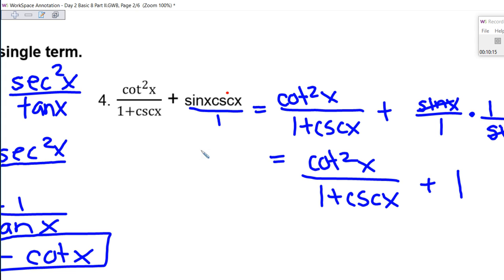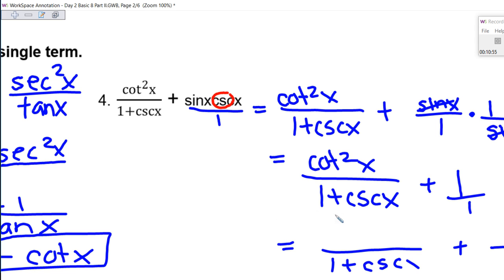Okay, now, in order to add these, I need to have a common denominator. So if I make this 1 over 1, what's the common denominator? Yeah, if I multiply those, I get 1 plus cosecant of x. So the first fraction's good. It already has the common denominator. And what do you multiply 1 by to get 1 plus cosecant of x? 1 plus cosecant of x.